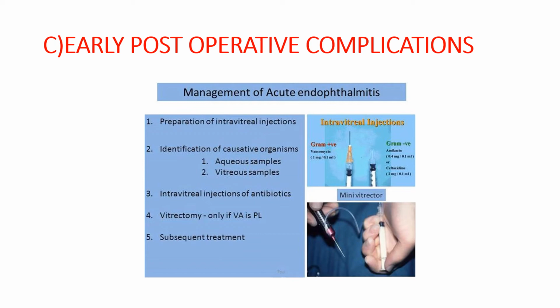If there is deterioration, or if the visual acuity is PL or hand movement close to face, we need to go ahead and do pars plana vitrectomy, in which we remove the vitreous from the eyeball so that the load of infection is reduced. So this is the basic management of endophthalmitis which we do.